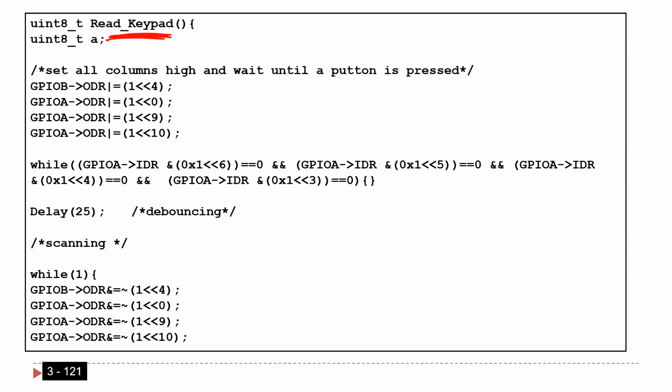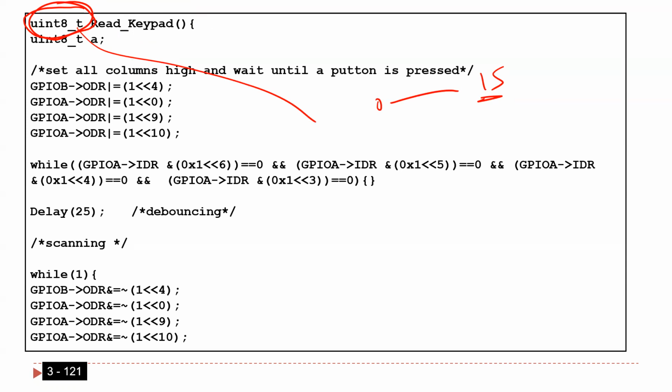The second function I'm going to explain right now is called read keypad. Once you call this function, as you see here, it is going to return a byte. The byte it returns is a number between 0 and 15. This is the number of the key you are pressing. Once you call this function, if you are not pressing any button, it's going to wait until you press.